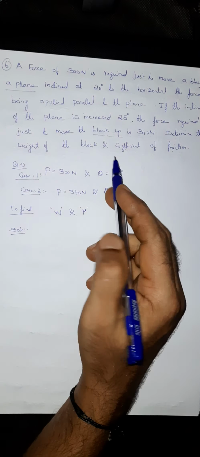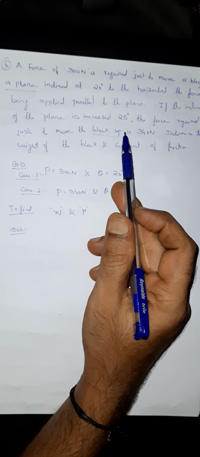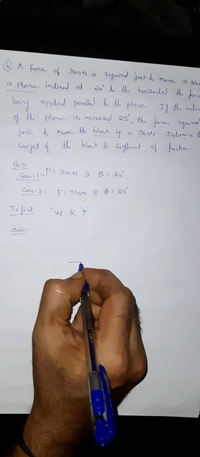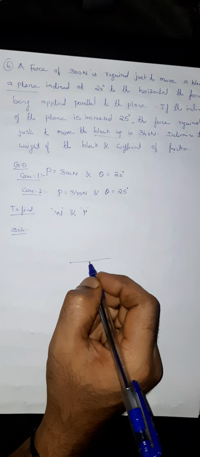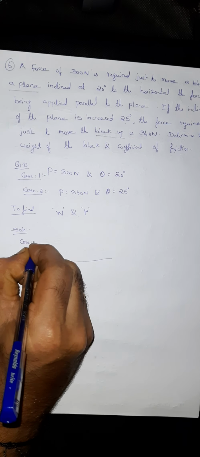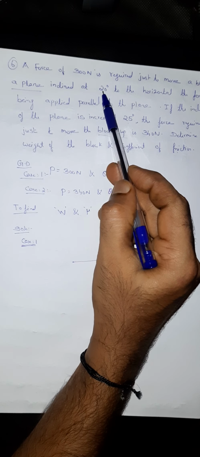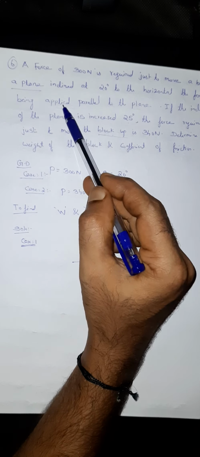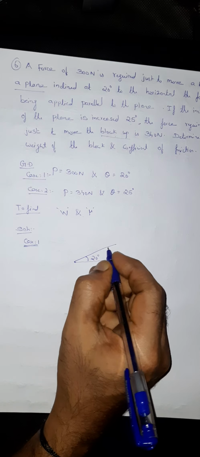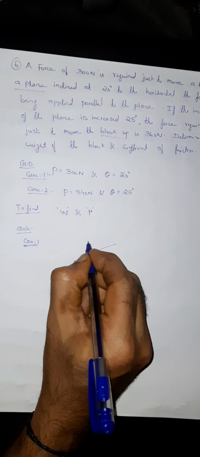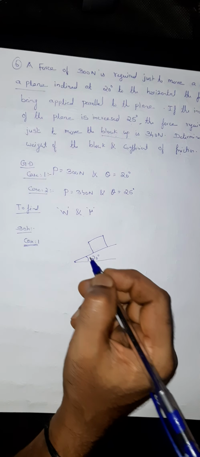Since the diagram is not given, we'll have to draw the diagram first. The first condition, case 1. The plane is inclined at an angle of 20 degree and the force applied is parallel to the plane. So this is 20 degree. The plane has been inclined at 20 degree and a block is kept over it.